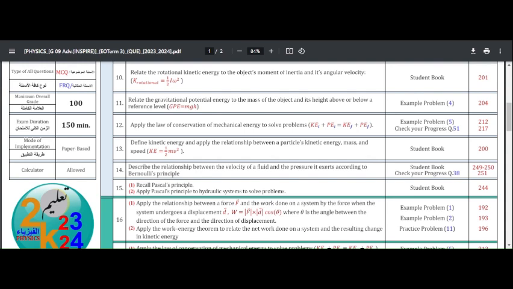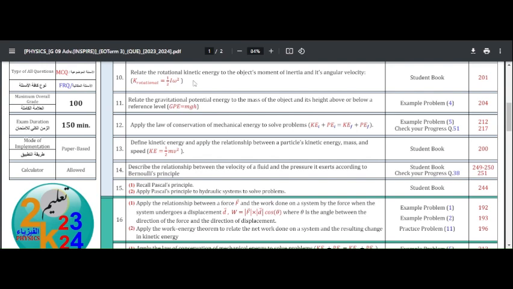In rectilinear motion, mass is used in the formula half mv square, right? The more the mass, the more difficult it is to push an object and speed it up. Similarly, in rotational kinetic energy, the more the moment of inertia, the more difficult it is to rotate the object. So this is I.